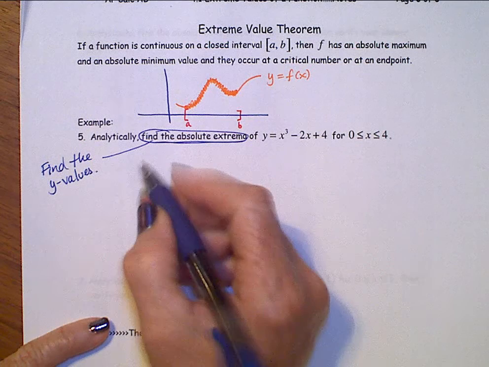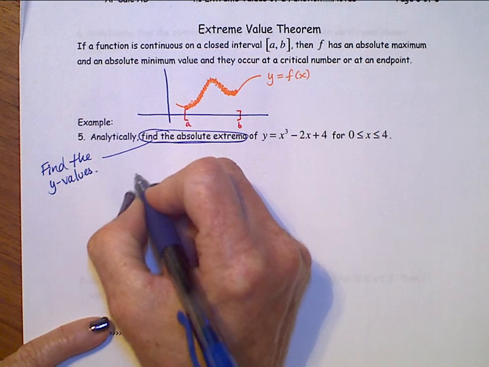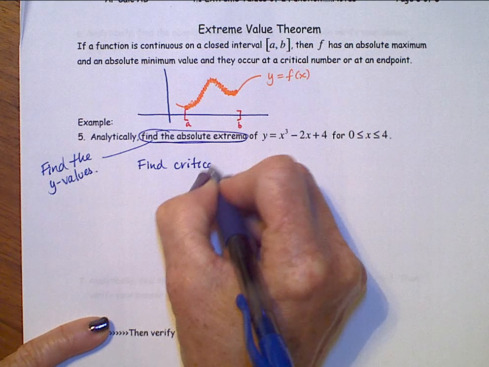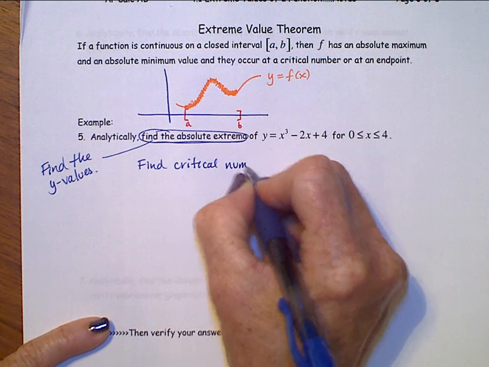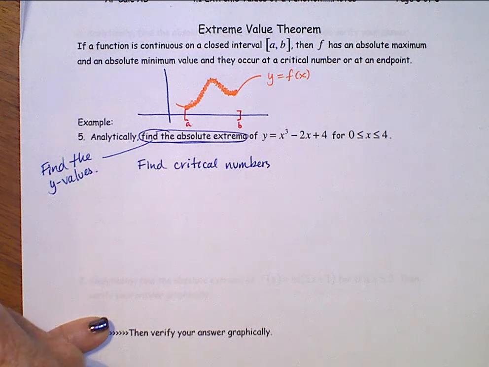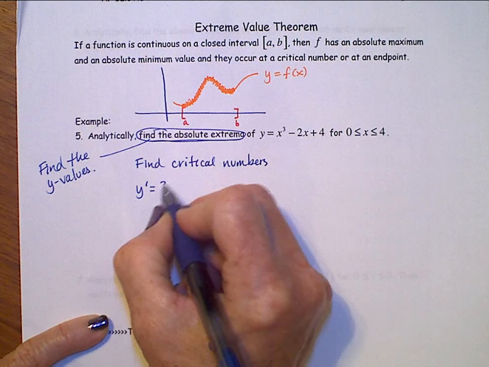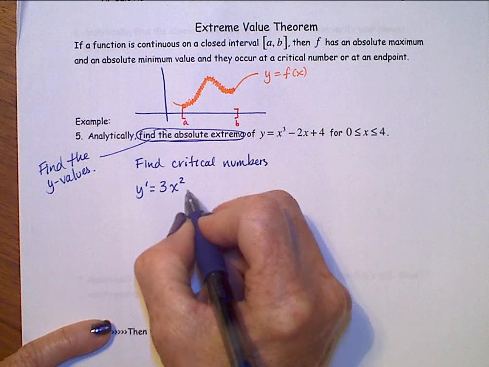All right, to find these, first off, we're going to start by finding the critical numbers, which means that we need to do a derivative. So y prime, that's going to give us 3x squared minus 2.